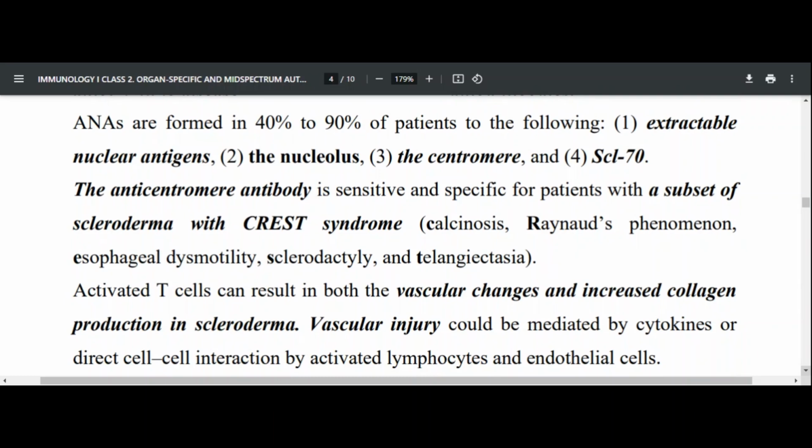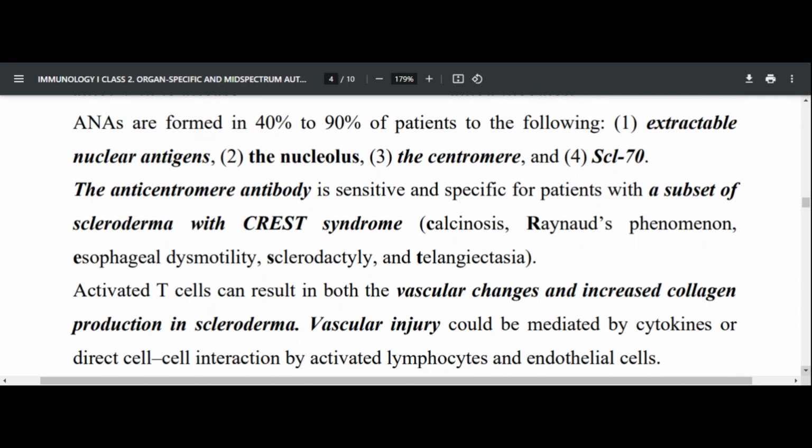If a patient shows CREST syndrome, this is associated with anticentromere antibody, and the anticentromere antibody is going to be our antibody to confirm the presence of scleroderma with CREST syndrome.